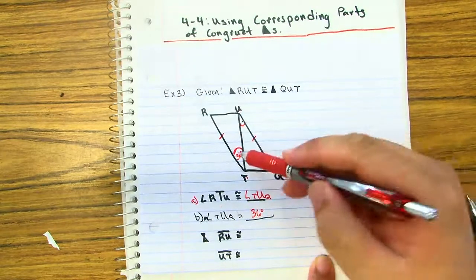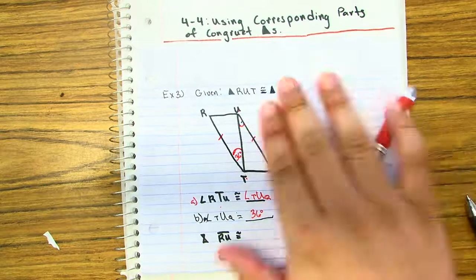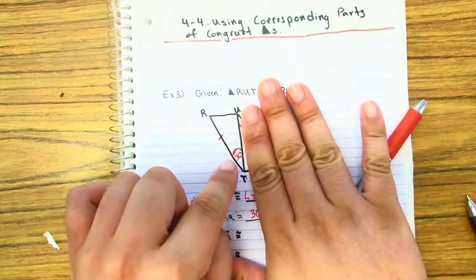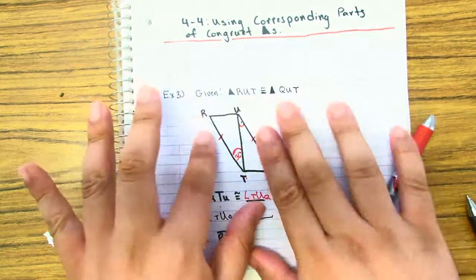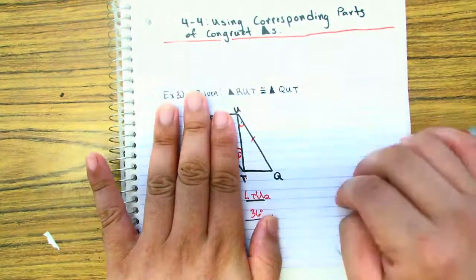Because they are corresponding. Yes. The triangle on the left, this is on the top part of the triangle. It's the most narrow angle compared to the other 2 angles. Okay.